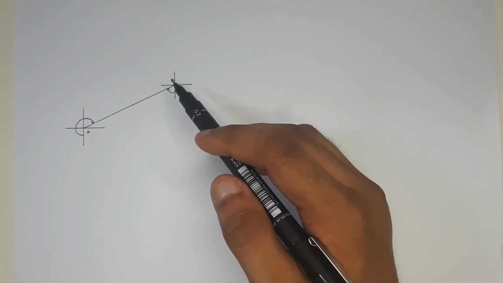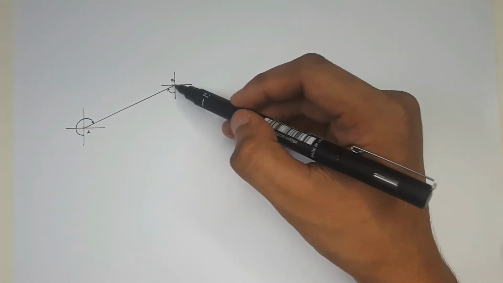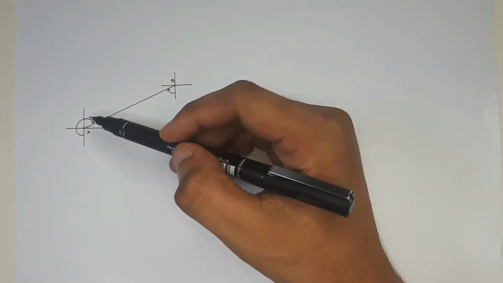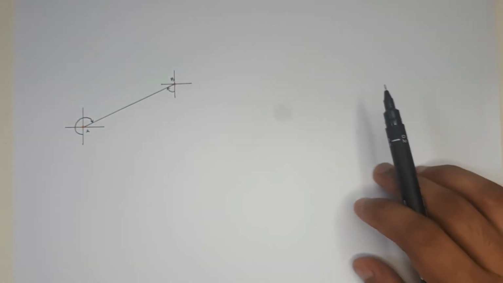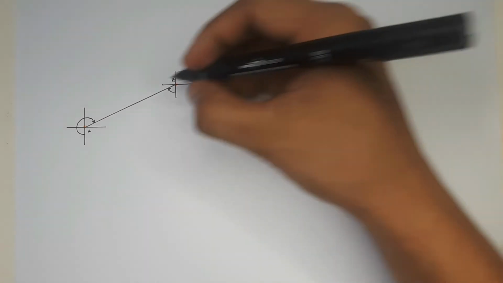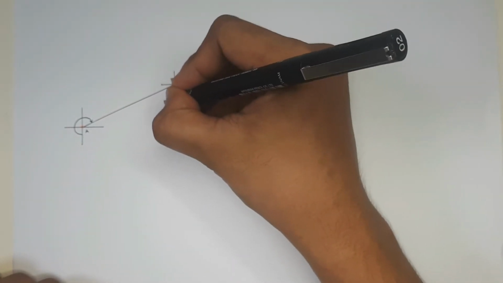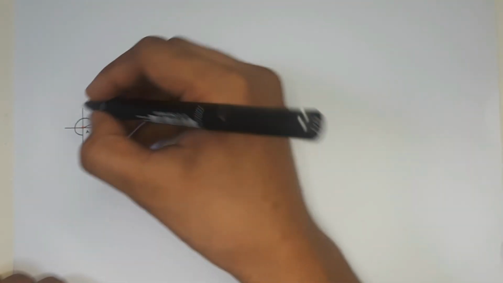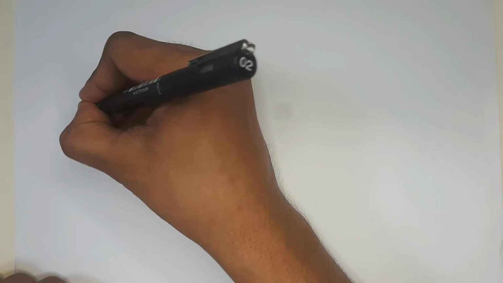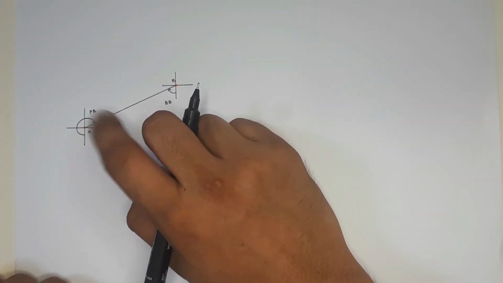So therefore, if you cross the line, whatever the angle here is also equal to this angle. So this represents the back bearing of line AB, and this represents the forward bearing of line AB.